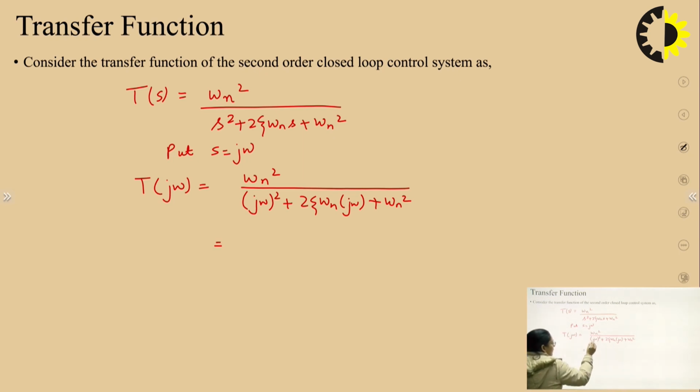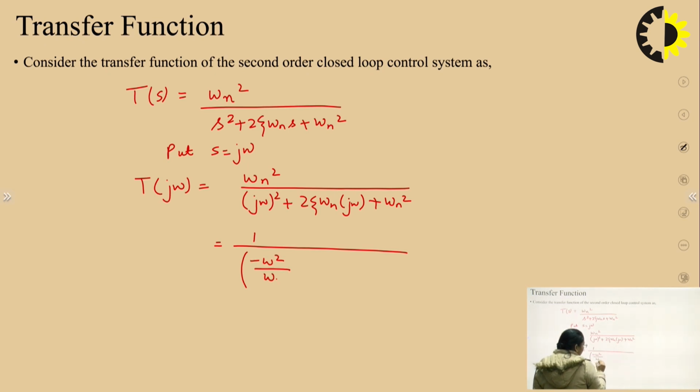So I put s equals j omega here. I'll convert the transfer function in terms of frequency response. T(j omega) will be equal to omega n square upon (j omega) whole square plus 2 zeta omega n into j omega plus omega n whole square. Let's take omega n common from here, and j square is minus 1. I am taking omega n common from here as well. So it becomes minus omega square upon omega n square plus j times 2 zeta omega by omega n, plus 1.